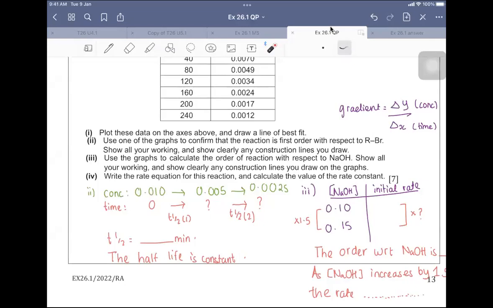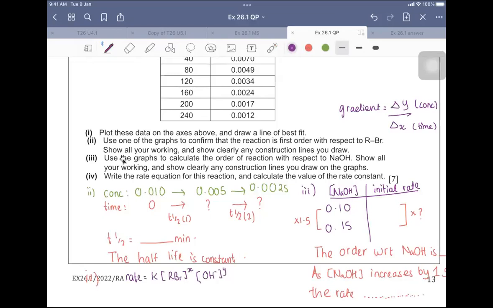Moving on to the last part of this question. I can tell you that the rate equation, part 5, I'm just going to do it here. The rate equation is k times the bromoalkane, which I'll just call X, and the hydroxide ion is Y, for example.